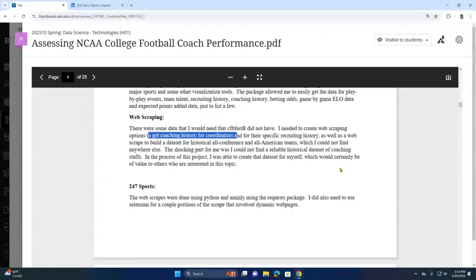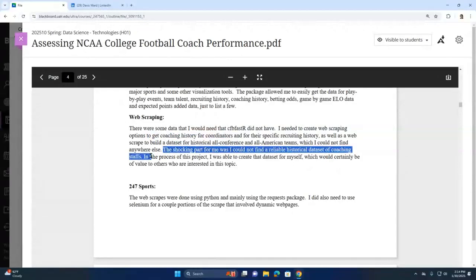That was very interesting. He was looking at head coaches, but a lot of head coaches come up the ranks. They start off as coordinators, like defensive coordinator, offensive coordinator, and then they move up into coaching. And he found that it was actually kind of difficult to get coordinator data.